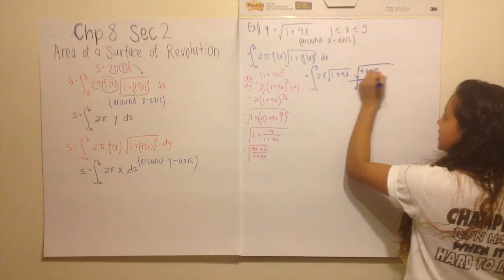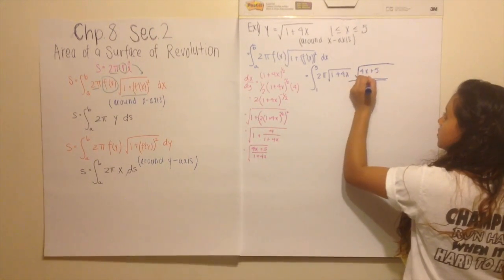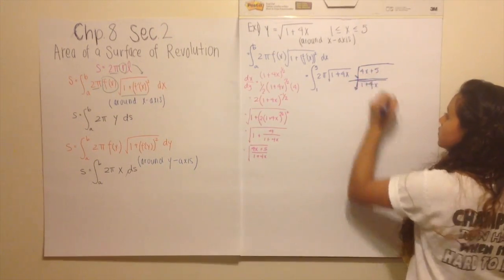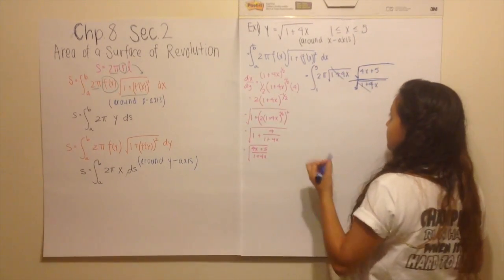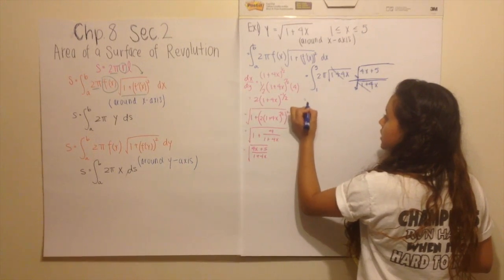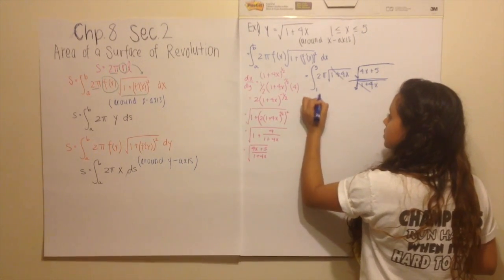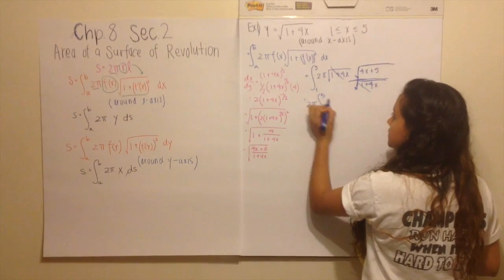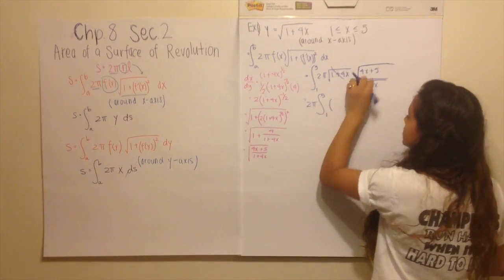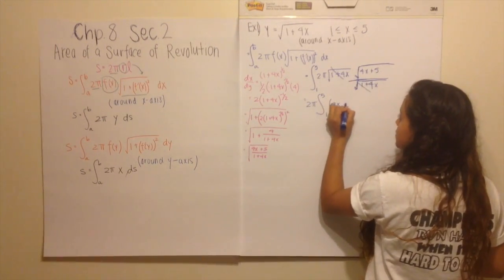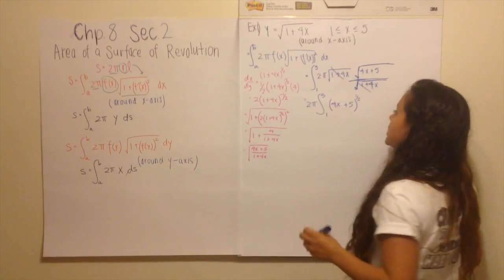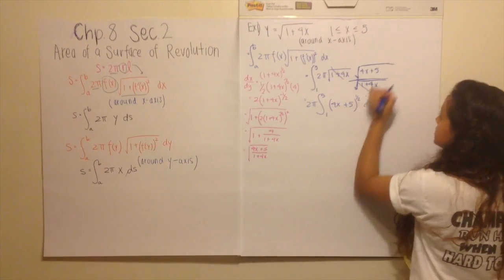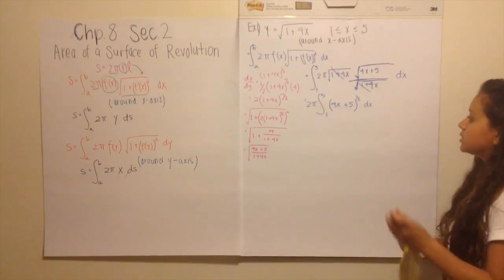When we combine these, the square root of 1 plus 4x terms cancel out. So now, you get the 2 pi out, integral from 1 to 5. So then, we actually turn this into exponential form. So 4x plus 5 to the 1/2 dx. Oops, forgot the dx here too.